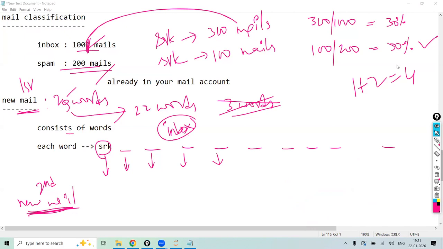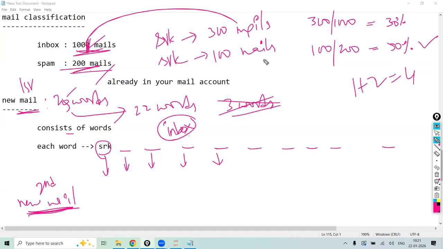So now, as Morley is saying, sometimes in the spam mail, we click on that and send it to the inbox. Sometimes the mails we receive in spam might be important, and we send them into the inbox. Now, in that case, what happens? For example, as I told you earlier, the SRK word is there in 200 mails.